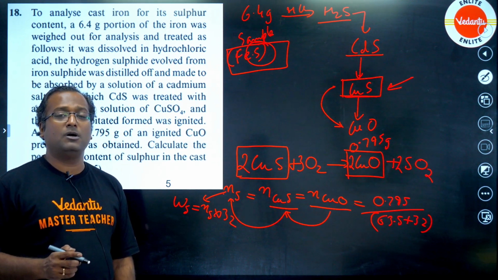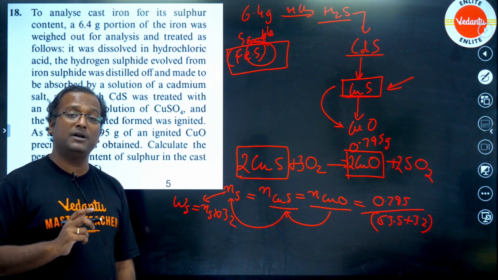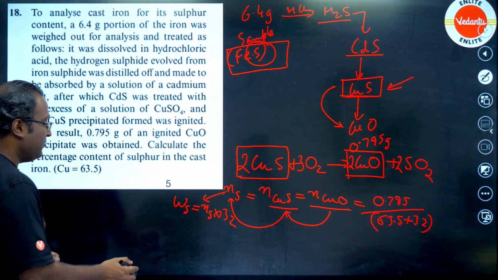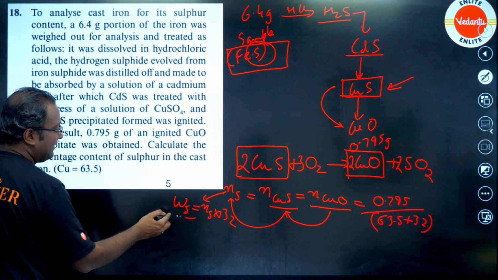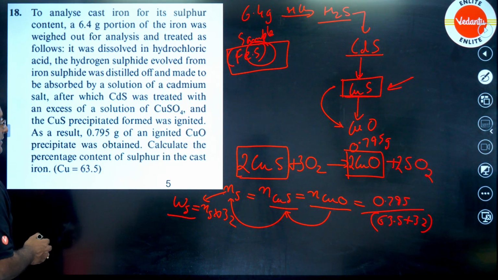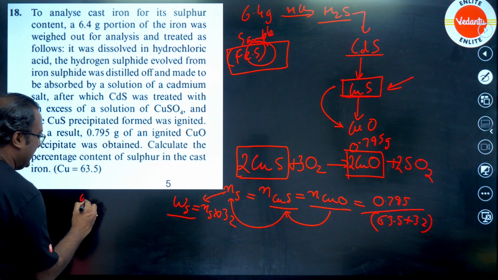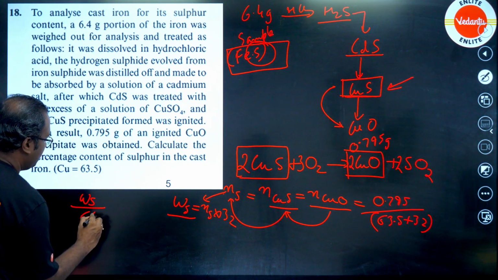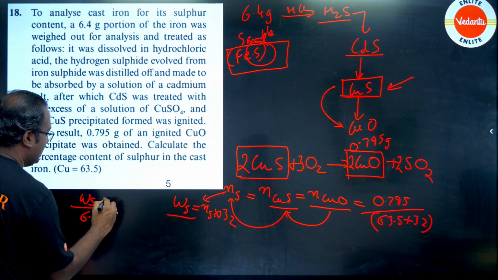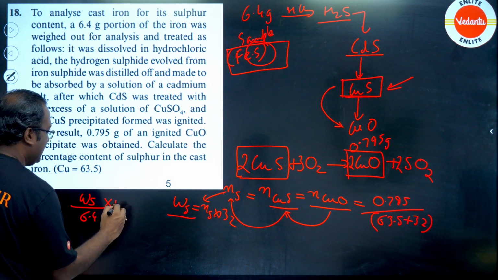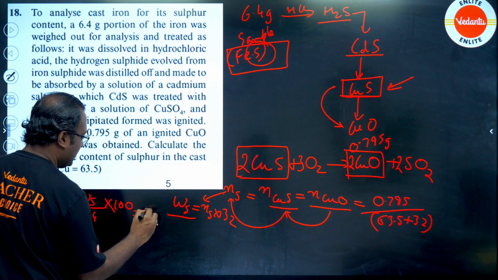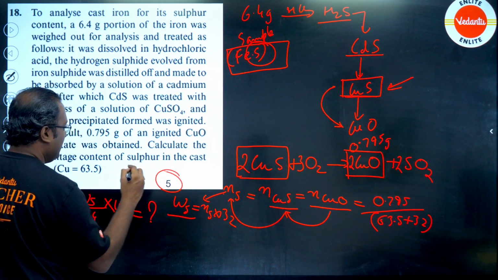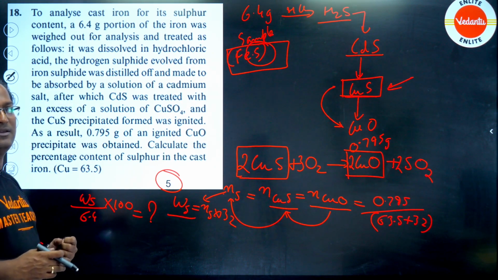It came from the original iron sample. So this weight of sulfur is also present in your original iron sample. The weight of sulfur divided by 6.4 gram, the weight of your sample, into 100 will give you the percentage you're looking for, and the answer comes out to be 5.